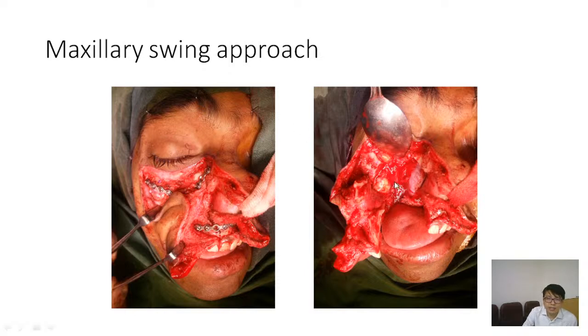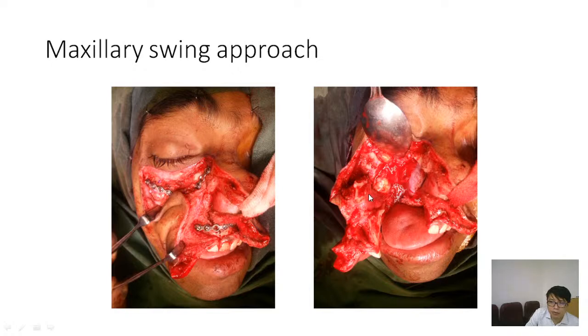If it is a more extensive disease going into the infratemporal fossa, like angiofibroma going into the infratemporal fossa, we can do another procedure. This is a more extensive approach for a larger disease. We call it the maxillary swing approach, in which the whole of the maxilla is swung laterally, and the maxilla is left attached to the skin.